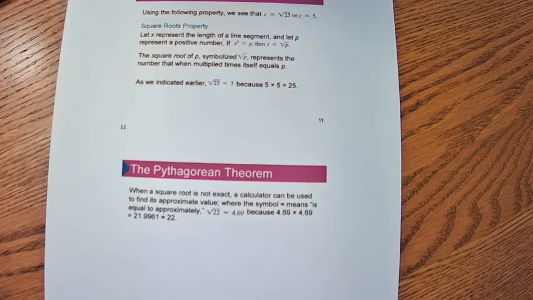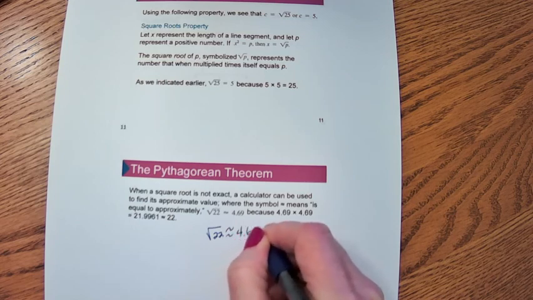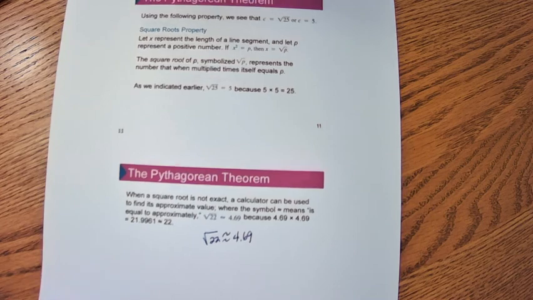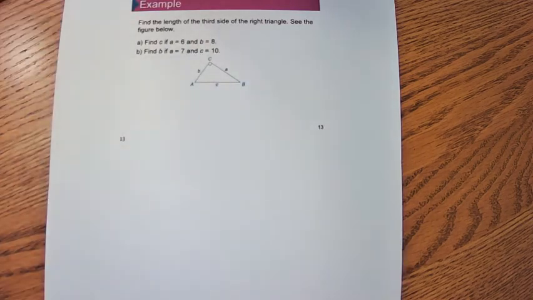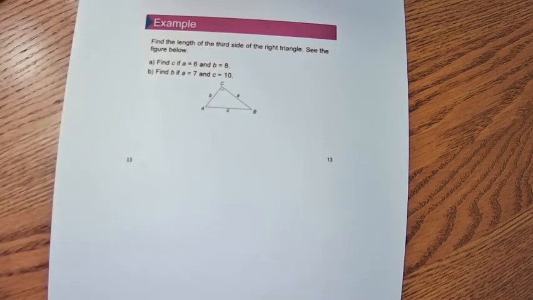It's not an exact value. That's why we use the is approximately sign. The square root of 22 is approximately 4.69. So let's end with these last two examples.